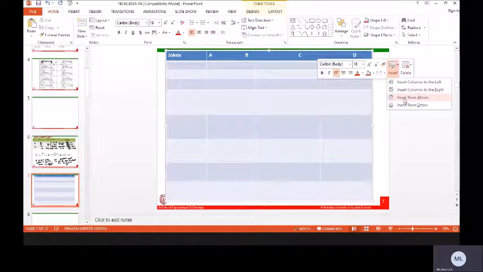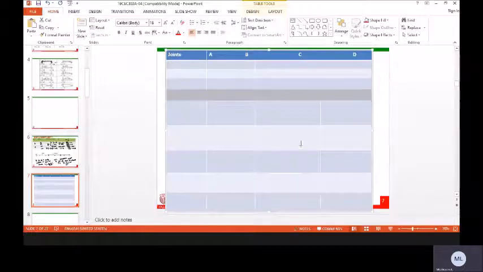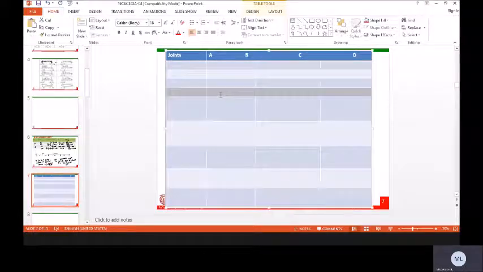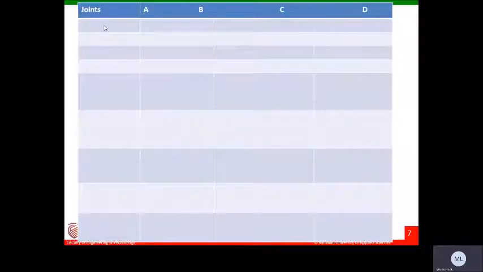Select row below. Now it is okay. This is the moment distribution table. Now, these are the joints.